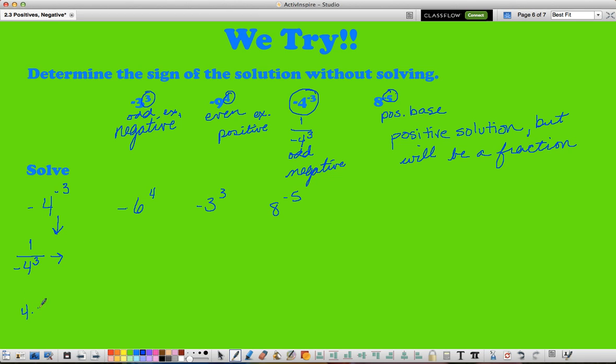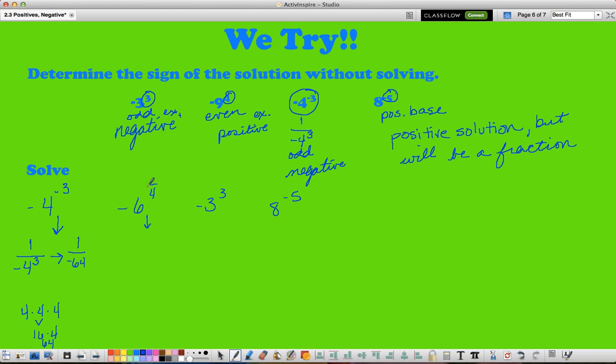So what I can do is just do 4 times 4 times 4, which I know is going to be 64. And I know because it's an odd exponent that my solution is going to be negative. So this is going to be 1 over negative 64.